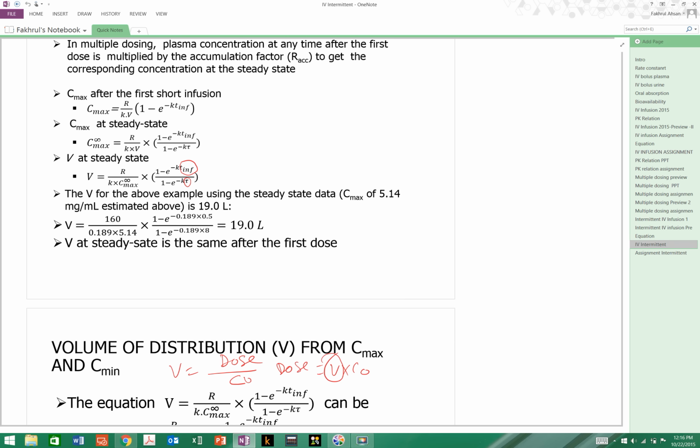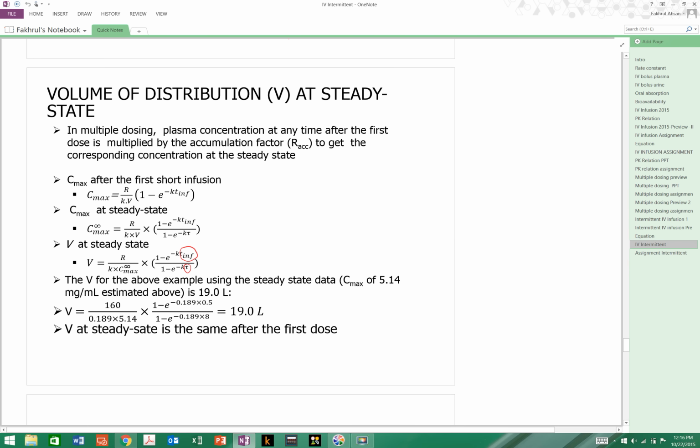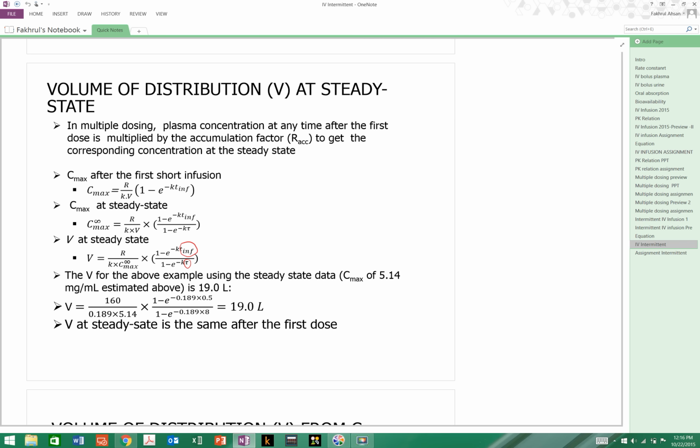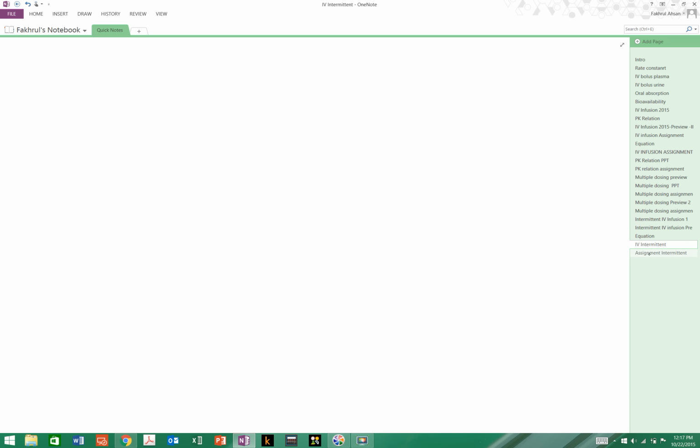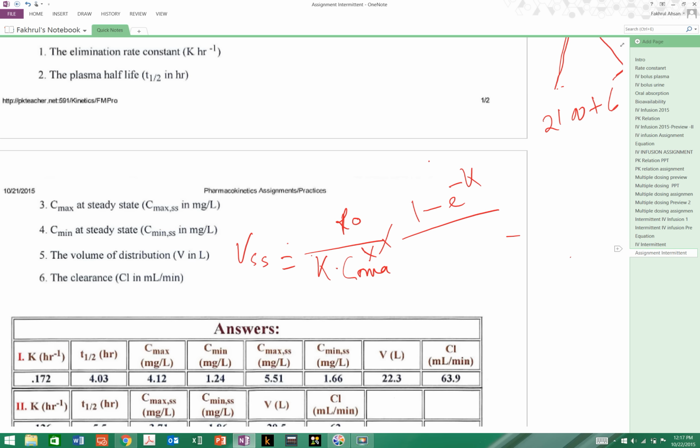Yes, K. In case of steady state, we have to use this equation. This one. K t infinity and then 1 minus e to the negative K tau.